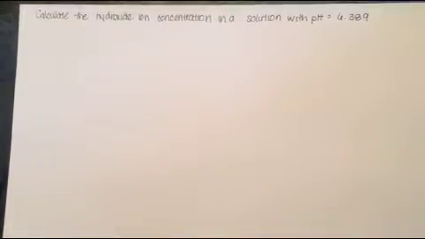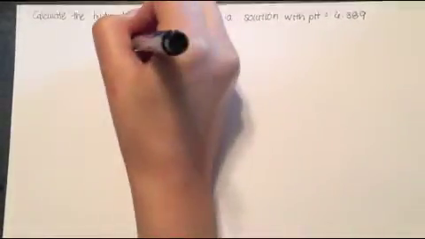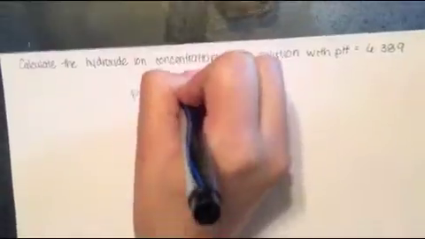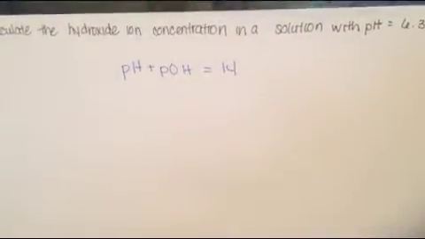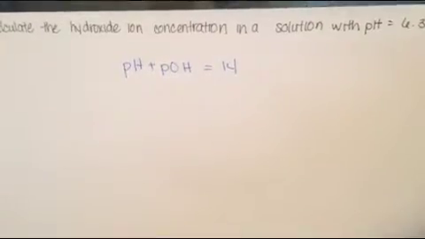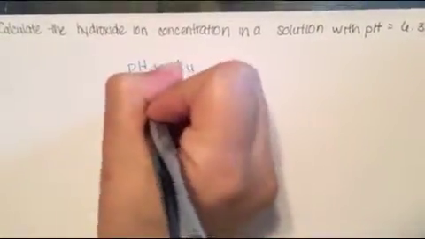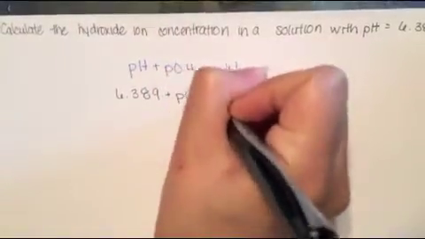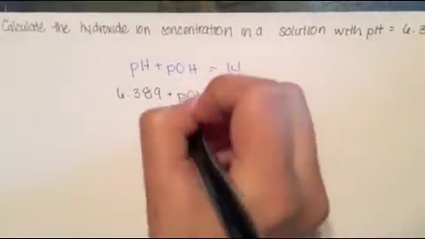Calculate the hydroxide ion concentration in a solution with pH equals 6.389. So then you have your pH equation, which is the following. Since they already gave you pH, you go ahead and plug in 6.39 plus pOH is equal to 14.